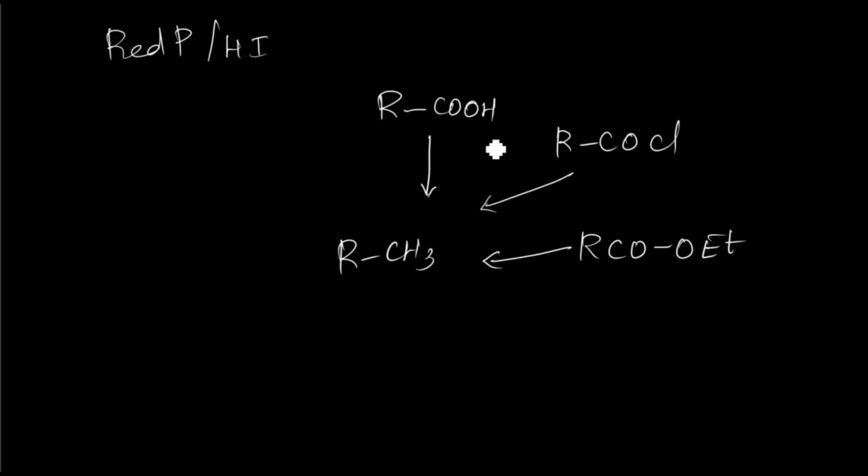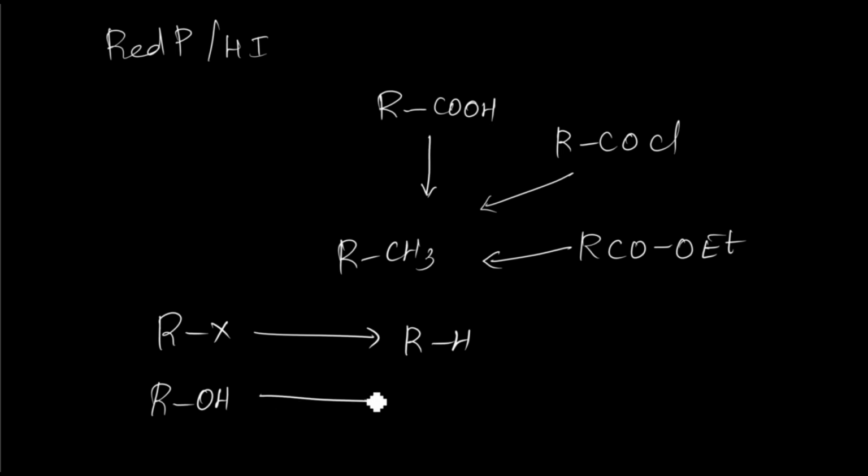The R group remains the same; instead of those functional groups, you will get a CH3 group. If I'm taking RX, that will give you RH as usual. And if I'm taking ROH, that will give you RH plus H2. Sometimes the byproduct will also be important.